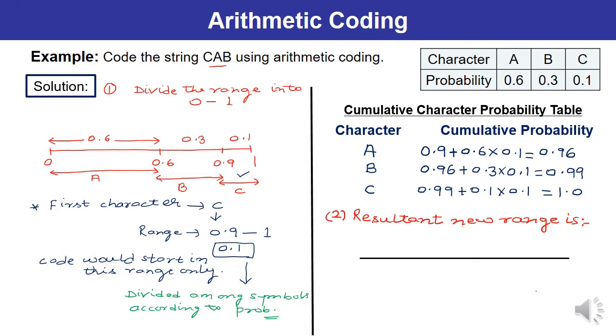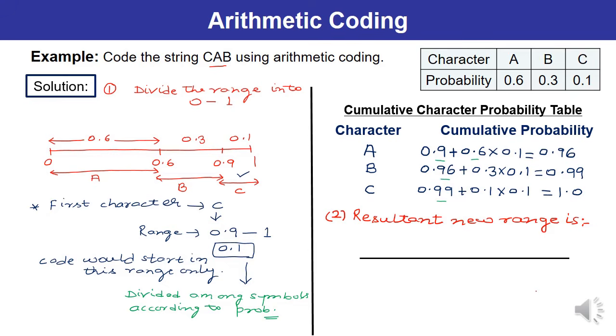Character A will start from 0.9 plus its probability into 0.1, which is the difference, which is the range actually, 0.96, and character B will start from 0.96 plus its probability into 0.1, so you are getting 0.99, and C will start from 0.99. So accordingly you have calculated the new range.